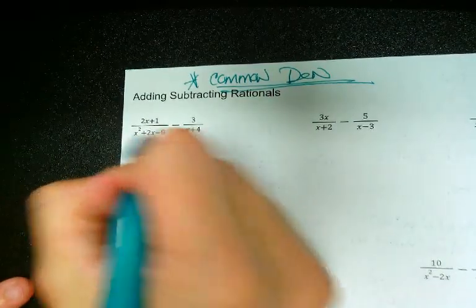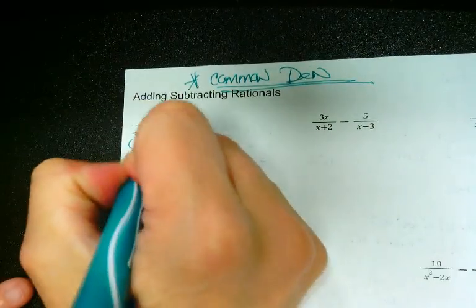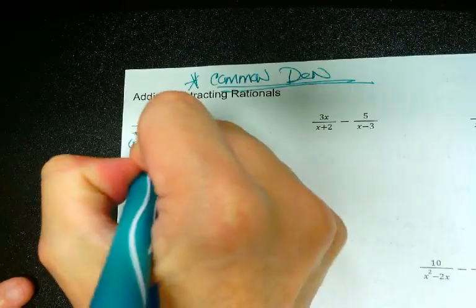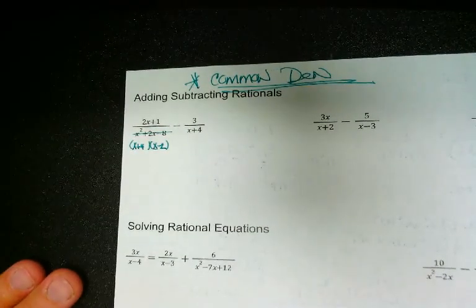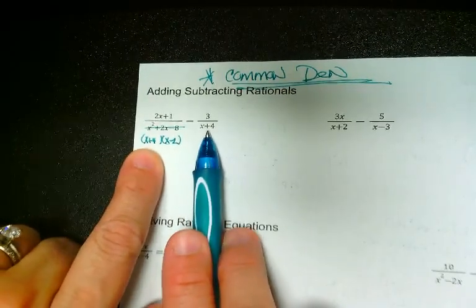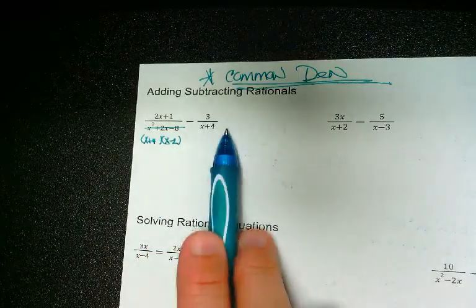So what do I first have to do with this left side? Perfect, I got to factor that. So what is that? X plus 4 and x minus 2. Okay, so again, if I want them to look alike, they partially look alike. They both have x plus 4, but what would this side of the fraction need so that they look alike?